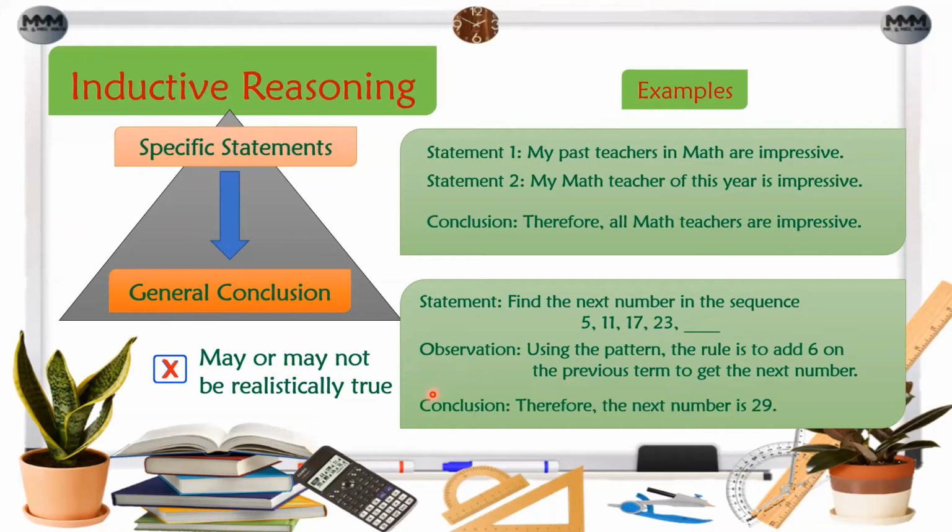So you can conclude that the next number is 29. So this is another example of inductive reasoning. We are observing patterns.